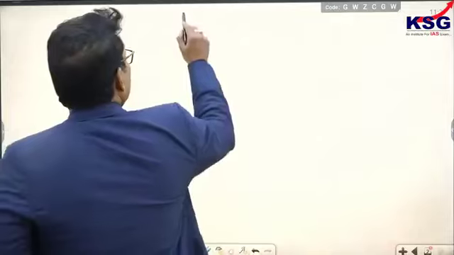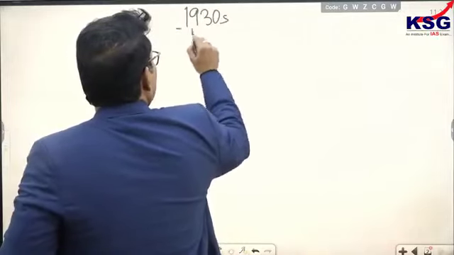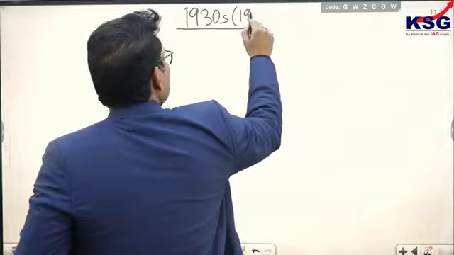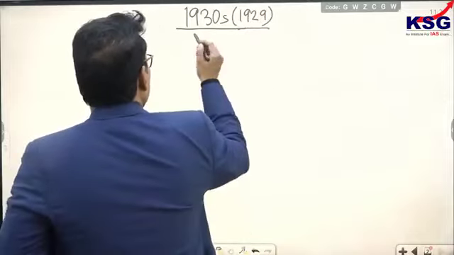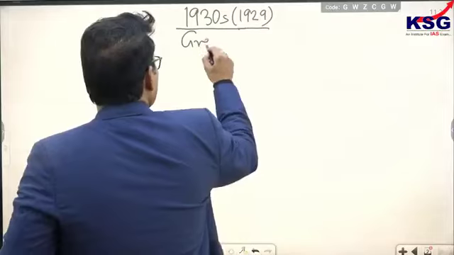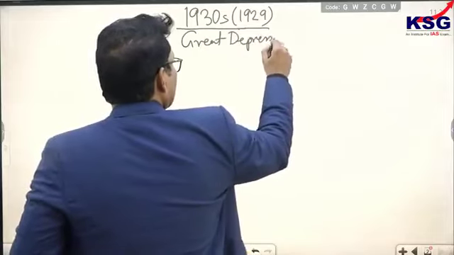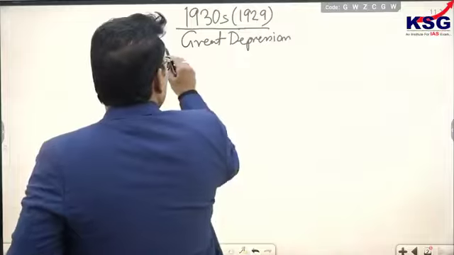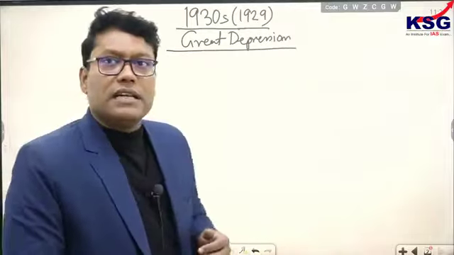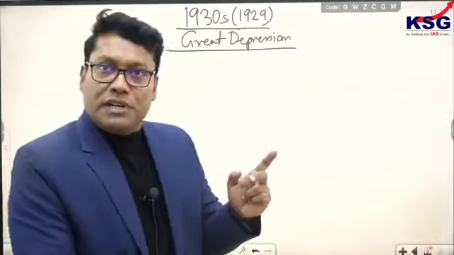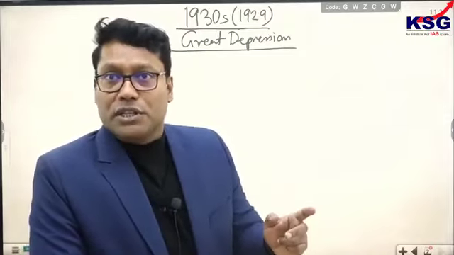If you think about the 1930s, though it started from 1929, the world faced the Great Depression. I will tell you what Great Depression means. You have heard about it. It is a downward trend in the economy: recession in the economy, and depression in the economy.